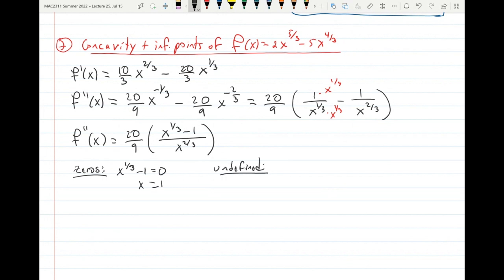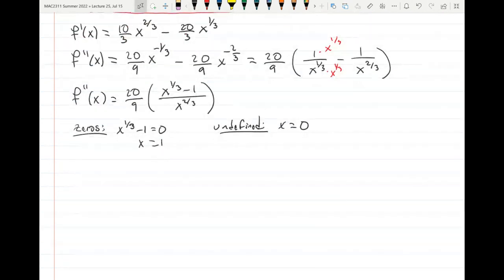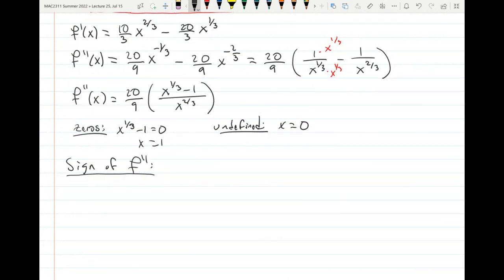When is the second derivative undefined? Well, this time it is undefined at x equals 0. So the sign of f double prime. Now we're going to put this information here. So here is a 0, and here is 1. These are the numbers that we found.